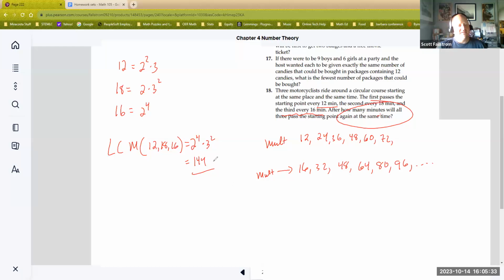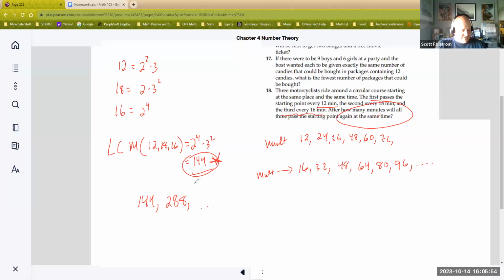So after how many minutes? After 144 minutes. After 144, then after 288, and so on, dot, dot, dot. Because remember, once they pass at 144, if they keep going around at the same rate, they're going to pass again in another 144 minutes and another 144 minutes.